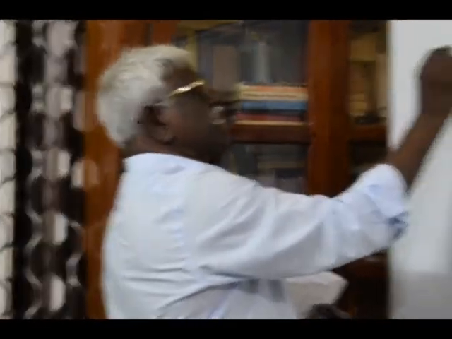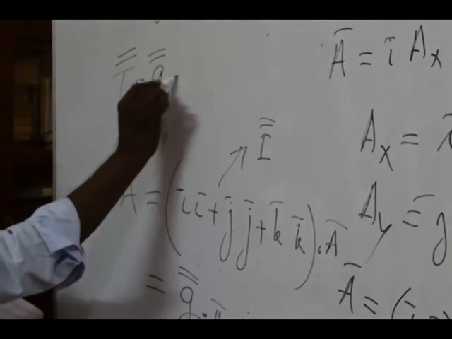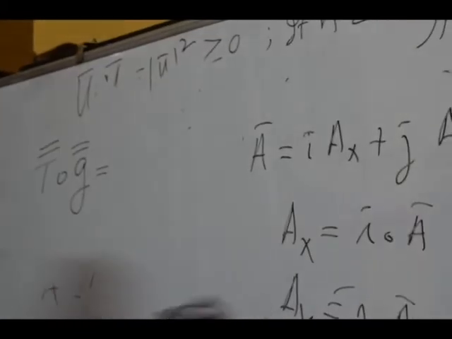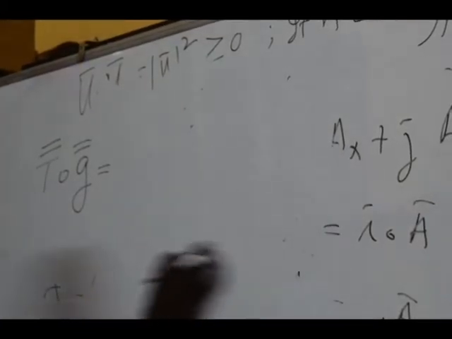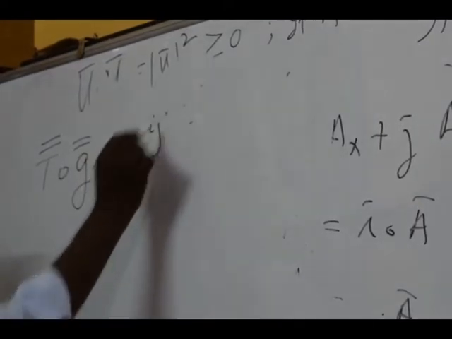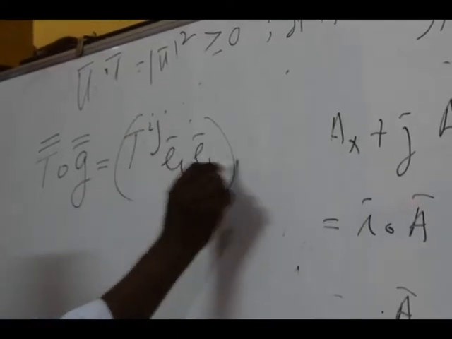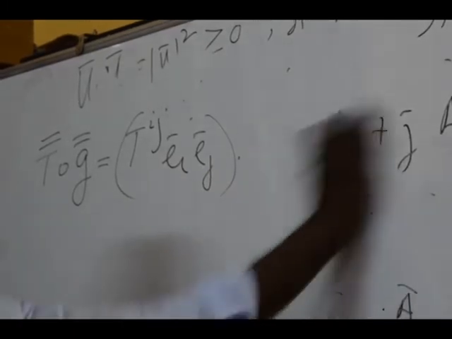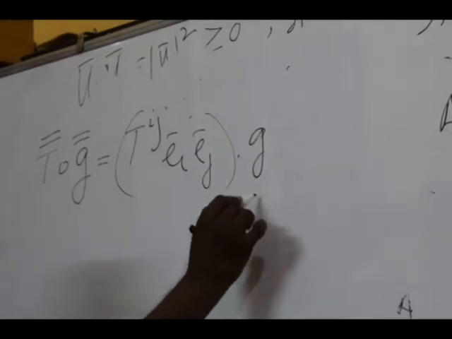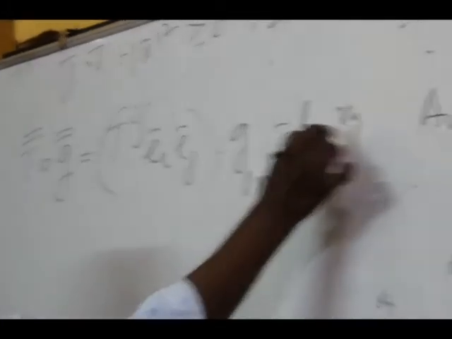Now suppose you take a second rank tensor and dot it with G. Let us see what happens. Second rank tensor: Tij Ei Ej. For the metric tensor I write Glm El Em.